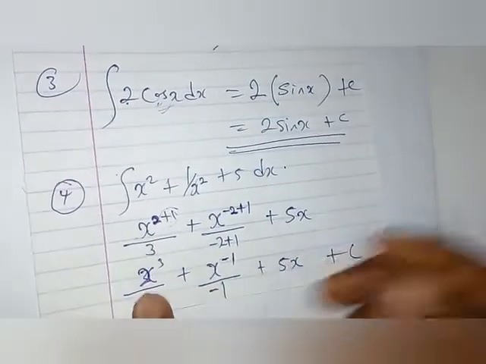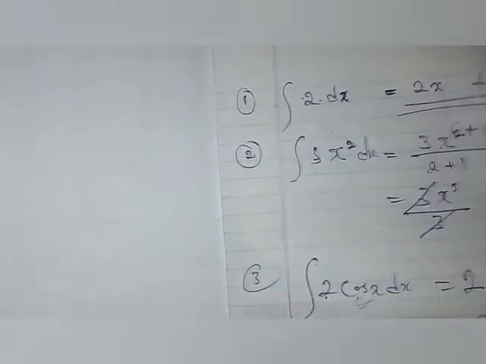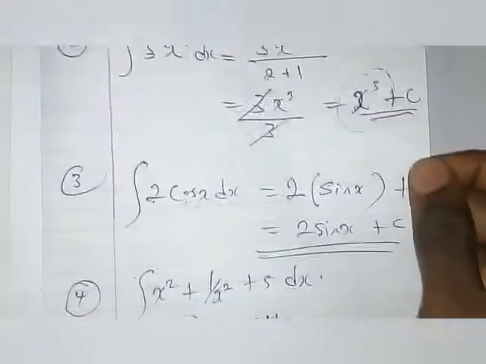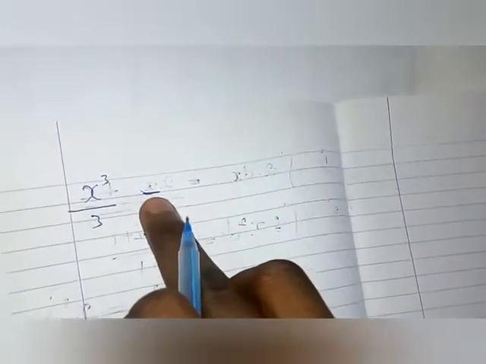So you can rewrite this one, then you have x raised to the power of 3 over 3, then this minus times plus will be minus, and you bring down this since it's over 1.